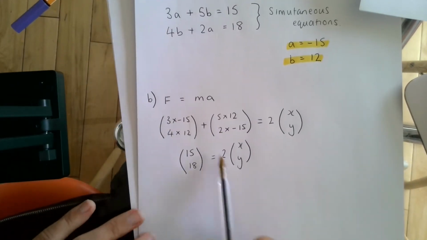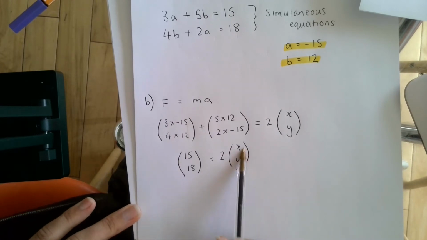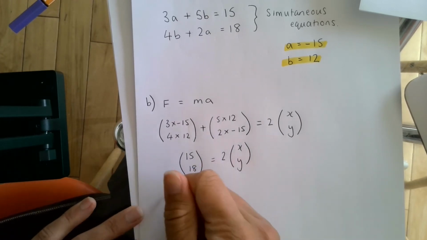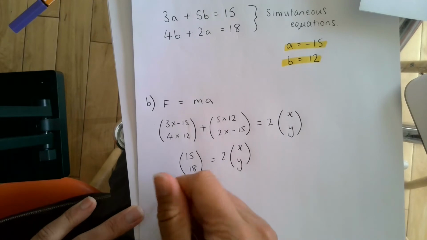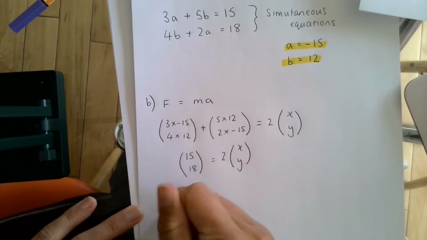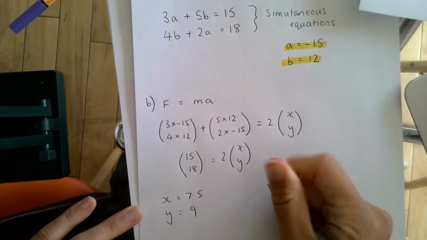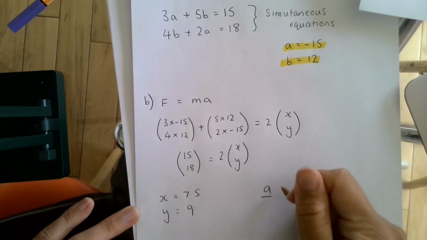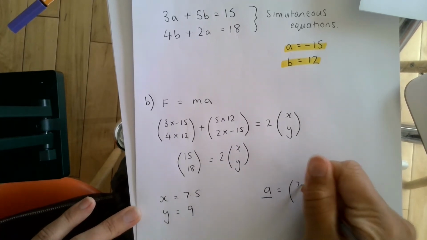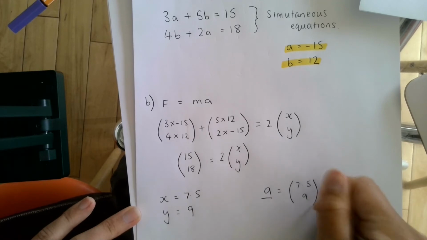Well, hopefully we can see that if we just divide by 2, we will work out what our missing values x and y are. So I can see that x is going to be 7.5 and y is going to be 9. So that means that my acceleration vector is 7.5, 9.